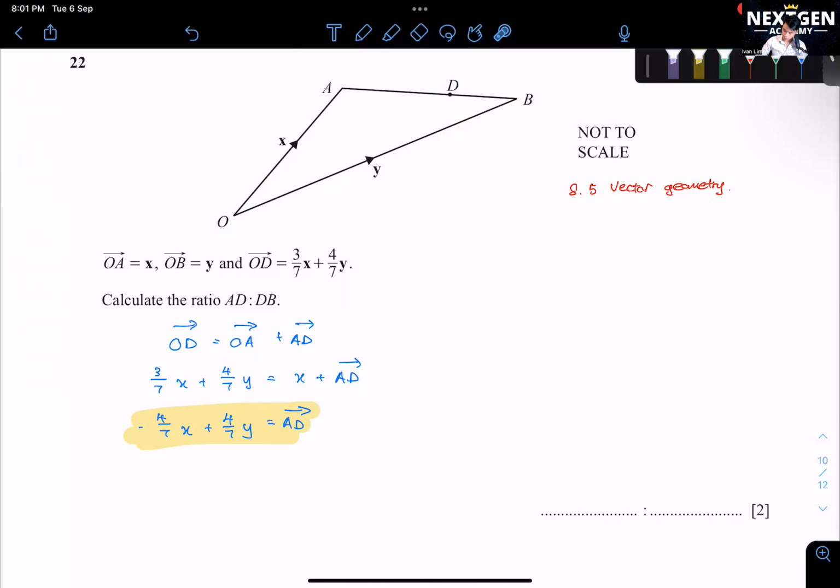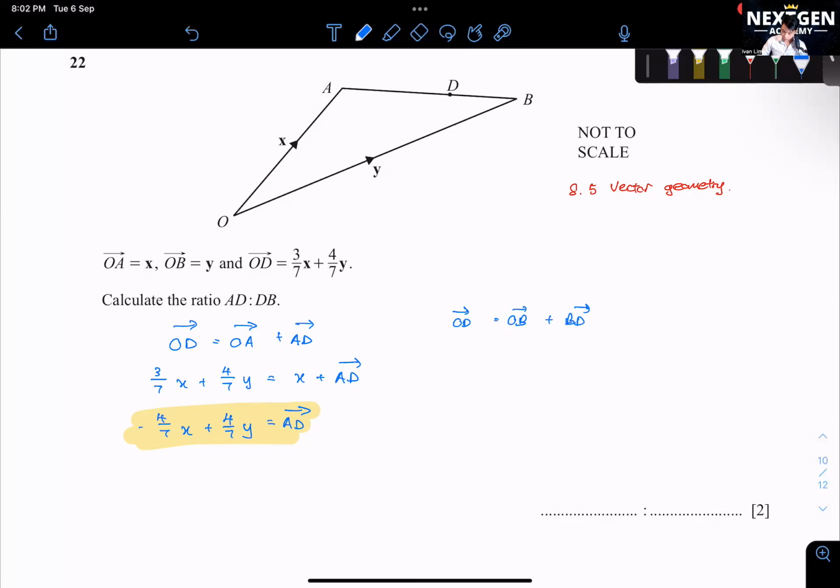OD equals to OB plus BD. That's how, because I want to make the alphabet come up. Okay, so in fact, actually, if you all use a different way, also you all can find the answer.